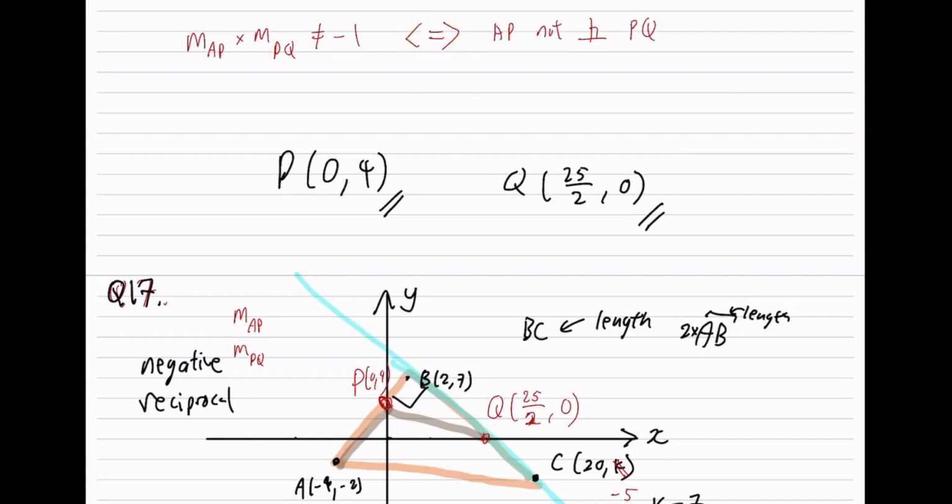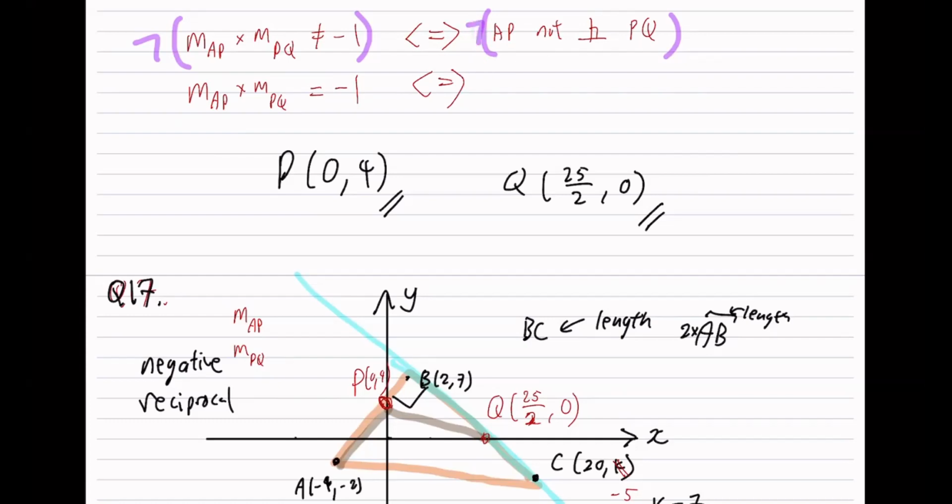And you can do what we call negation. Negate the left, you negate the right as well. If you negate this one, the opposite of not equals is equals. This is the symbol for negation. You can also put down a tilde like this. Then the opposite means you have M_AP times M_PQ exactly equal to -1. Still, if and only if, this becomes the opposite of the English.